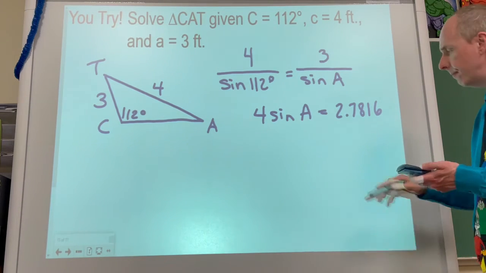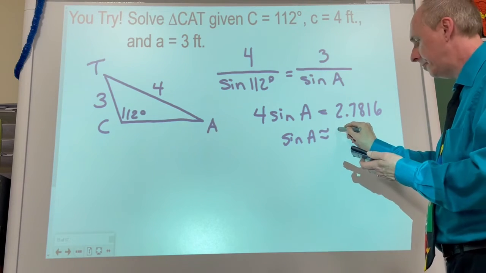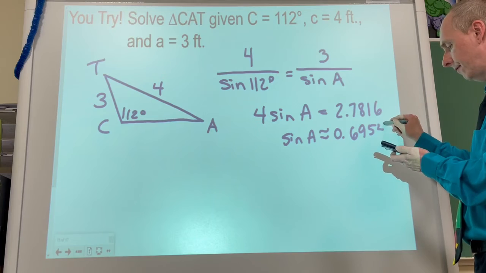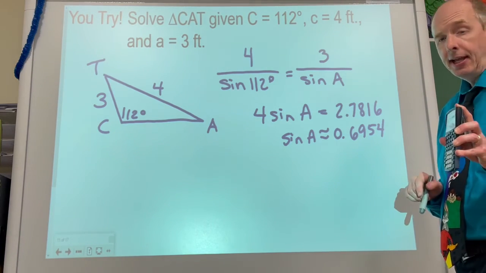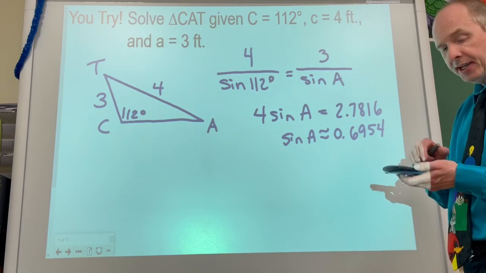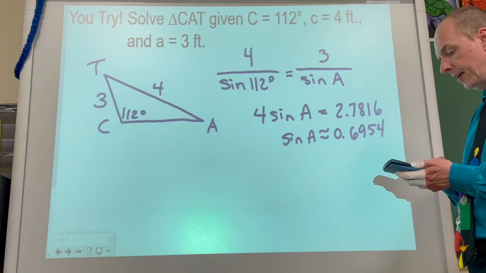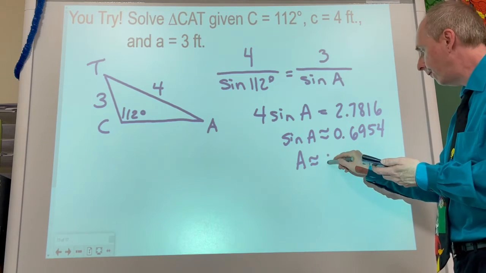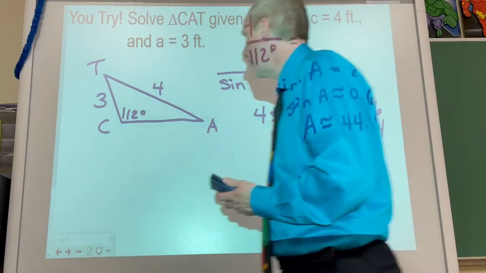Divide by 4. Sine of A is about 0.6954. Inverse sine, so second sine of 0.6954 tells me that angle A is about 44.1 degrees.